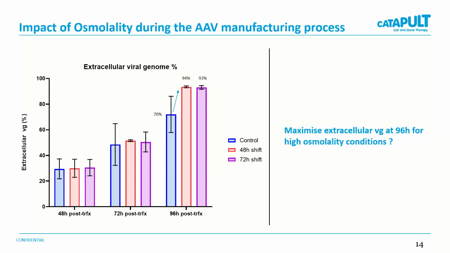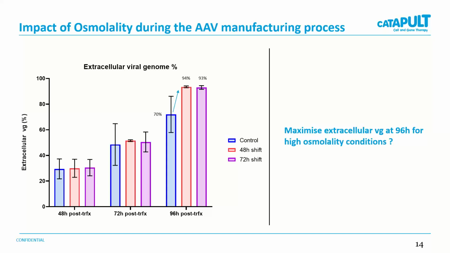And you can see at 96 hours, it seems that we can maximize extracellular viral genome when we have a look at the supernatant versus the overall productivity of our condition. So we are at 94, 93 hours for both conditions who had a shift in osmolality, compared to 70% for the control condition. So the variability in the control is because of the deviation I talked about.